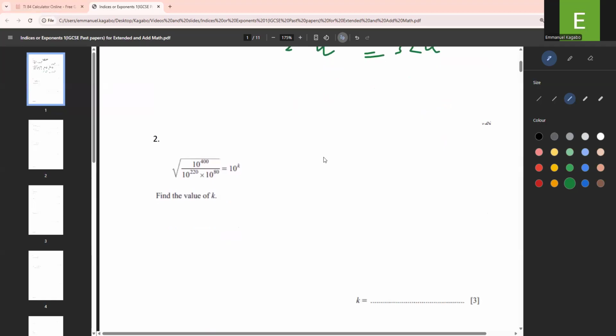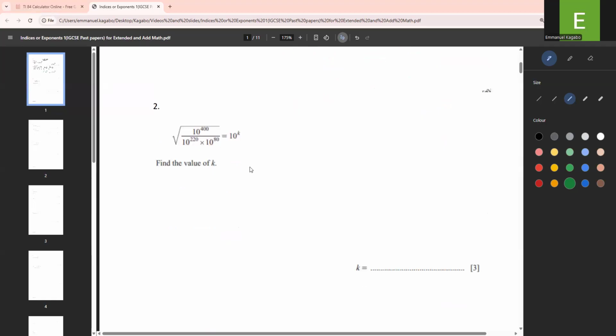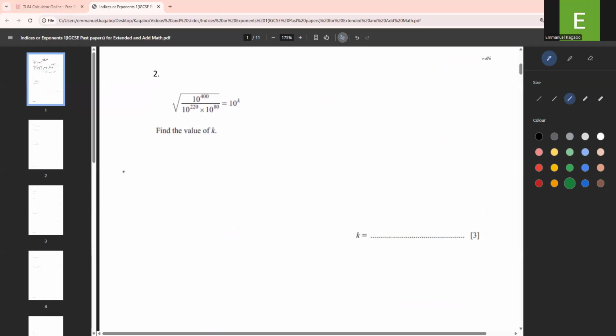Okay, good. Next question. This question is very good. Let us try to do it together. You have to know that if I say square root of 10, for instance, I mean 10 power half. I hope that comes into your mind. So what do I do here now? Let me first combine the denominator. So it's going to be 10 power 400.